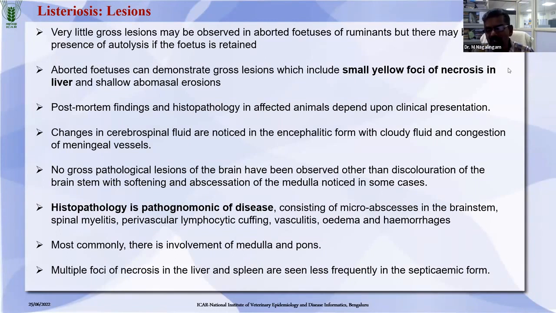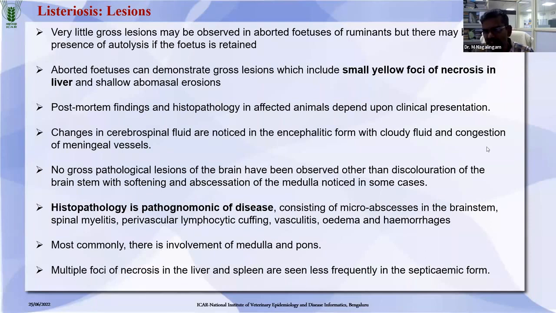The postmortem findings and histopathology are mainly based upon the form exhibited. For example, the encephalitis form will have brain pons and other related lesions, whereas the abortive form will show lesions in the reproductive system and so on.